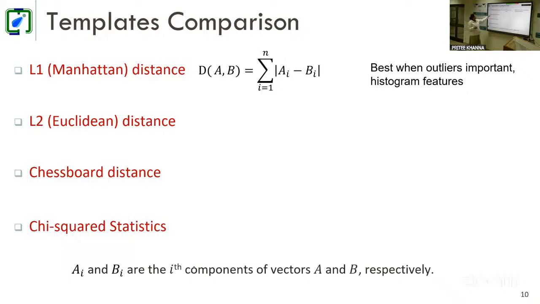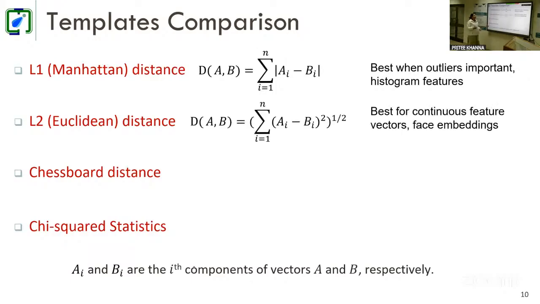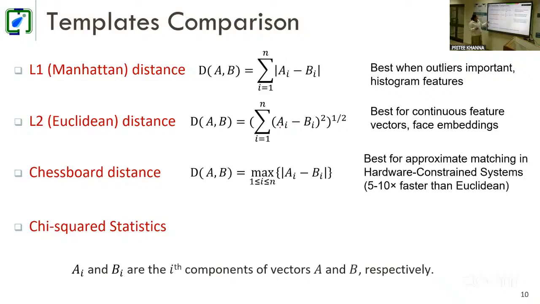Then we have the L2 distance or Euclidean distance. You can see here, just take the difference between the corresponding elements, square it, add it, and then take the square root. And now for the infinity-norm distance, just take the maximum of the corresponding elements: A1 and B1, which one is greater? Take that. A2 and B2, which one is greater?